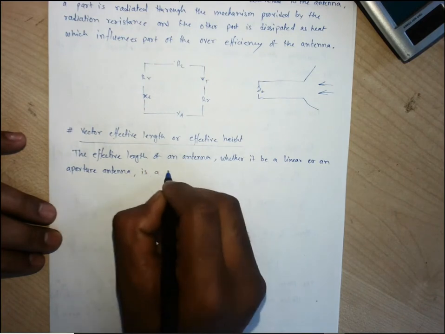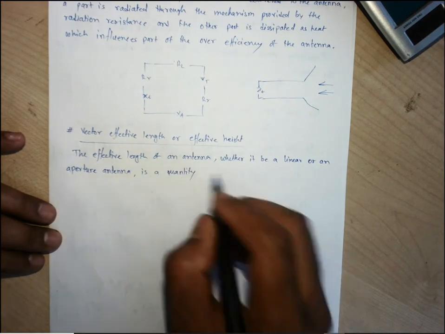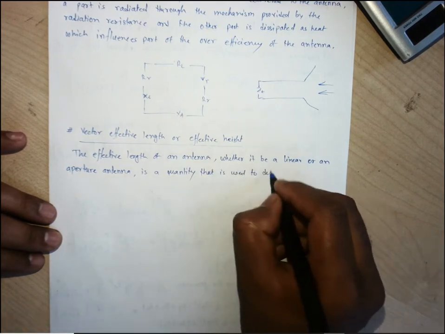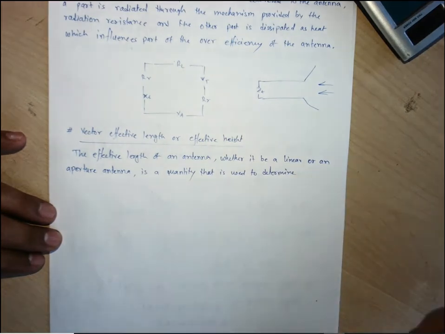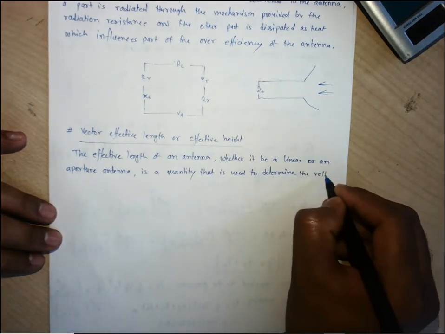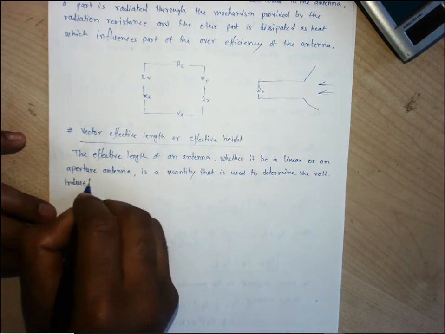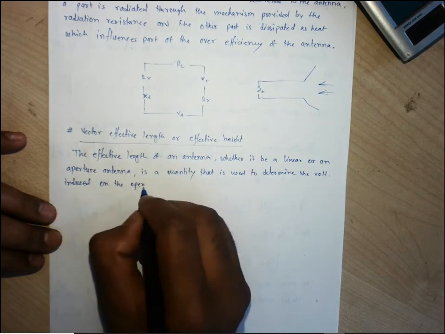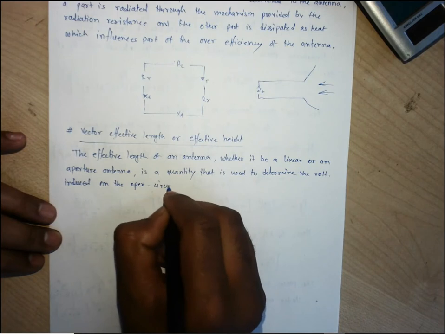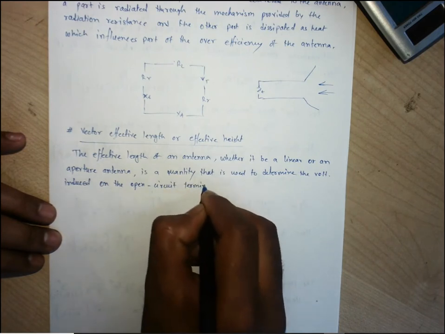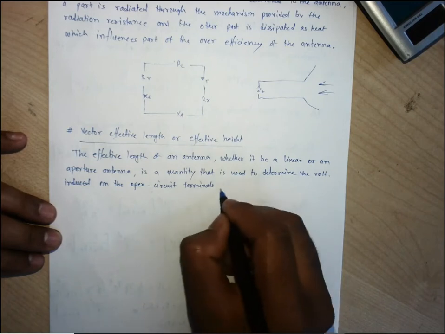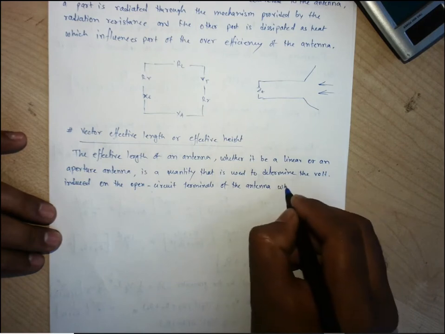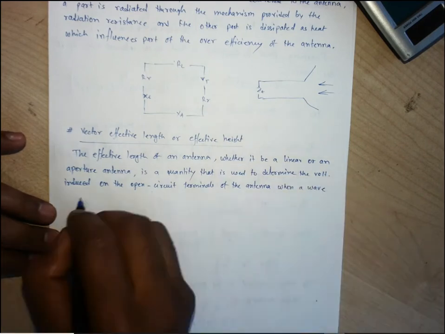It is a quantity that is used to determine the voltage induced on the open circuit terminals of the antenna when a wave impinges upon it.